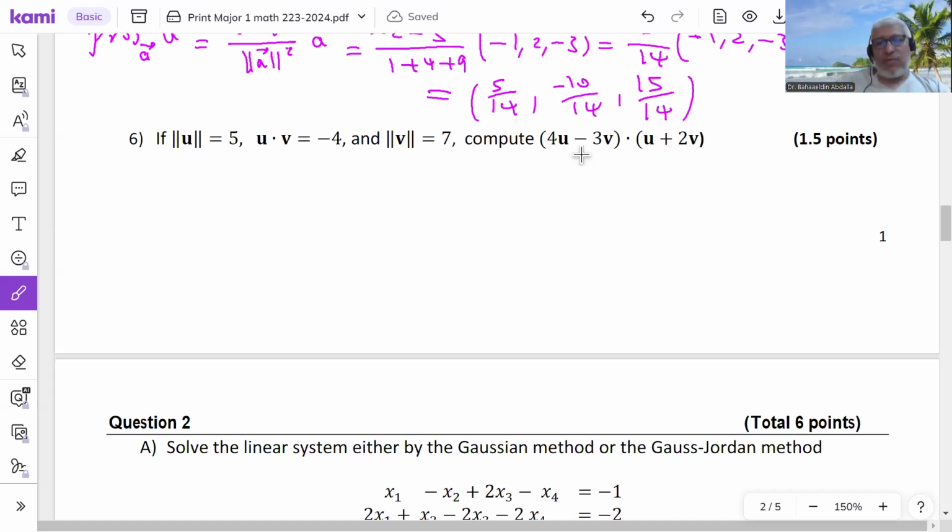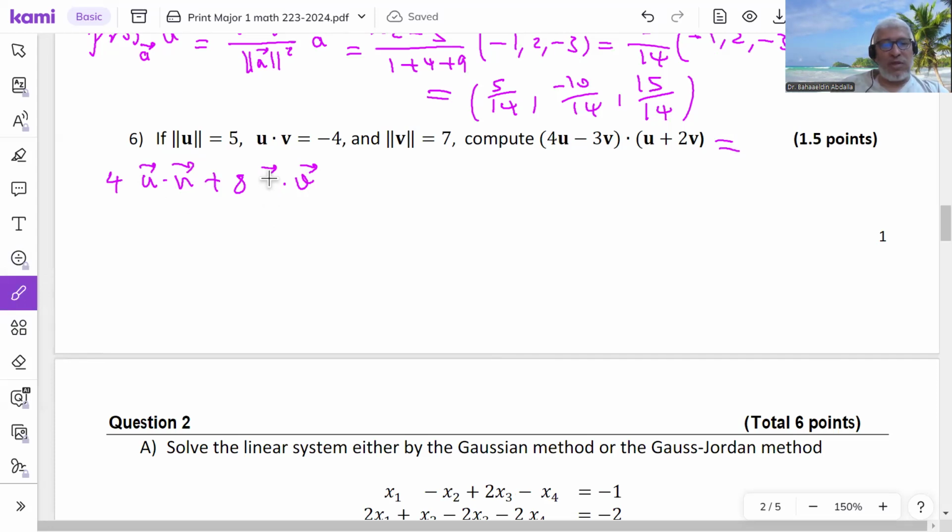To compute this, this is a dot product. 4u dot u will give you 4u dot u, then plus 4 times 2 is 8. These are the properties of the dot product.